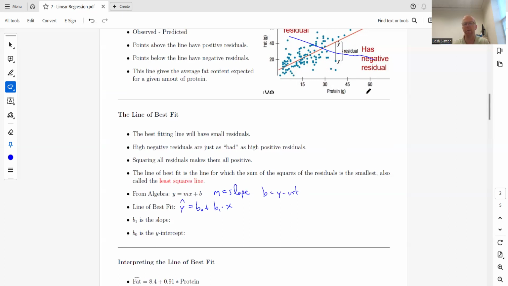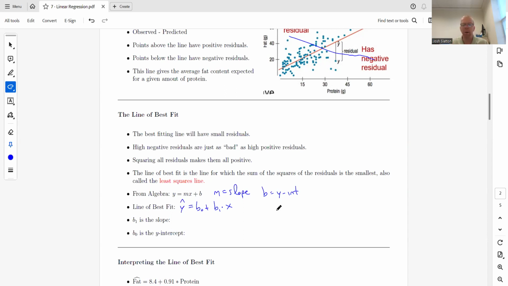If you were doing multiple regression, you'd have b1 x1, and then b2 x2, so doing it this way, you can just add these at the end. But we're not worried about that. We're only doing this singular linear regression.